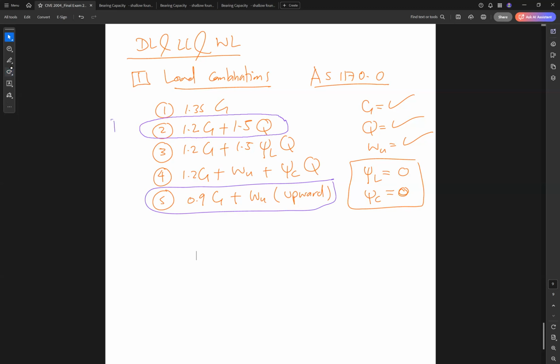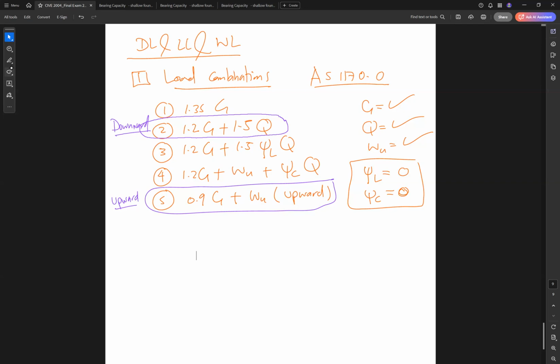This one is for downward. If you remember the beam example, beam B1 in the design project, beam B1 has load combination 5 active. So this may be one of the questions: what is the maximum downward load combination and what is the maximum upward load combination. I just give you how to do it, but you need to calculate, okay?